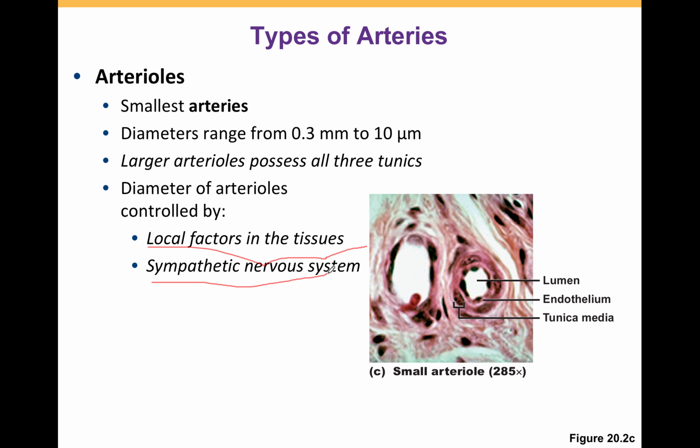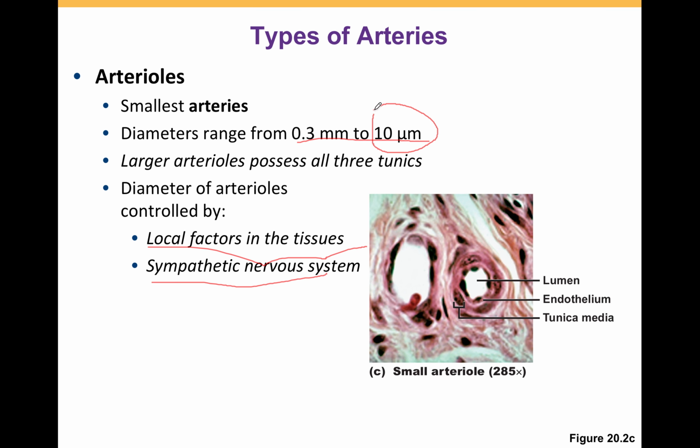So the key point that I want you guys to understand for arterioles is that the diameter of the arterioles actually changes depending on the requirement of the tissue and depending on the environment or the condition your body has been placed in. The other thing you need to notice is a significant, again, decline in the diameter of these blood vessels. So you went from millimeters, which is something that is still visible to you, to a relatively smaller size of about 10 micrometers.